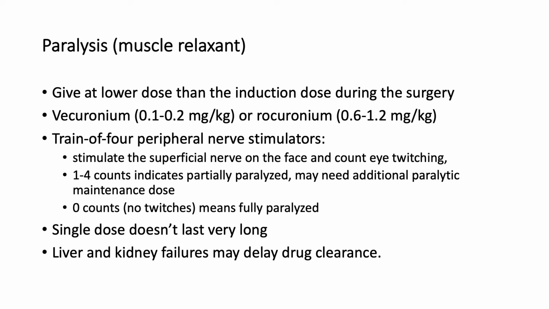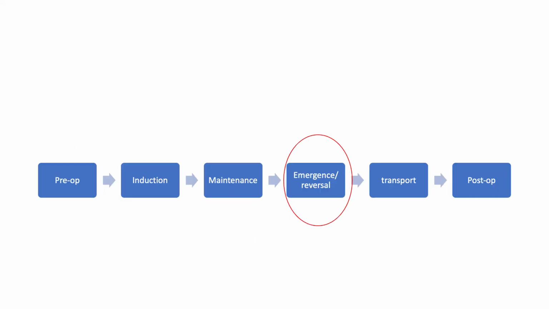A count of 1 to 4 indicates partially paralyzed, and the patient may need an additional dose of paralytic medication. A count of 0, no twitch, means the patient is fully paralyzed. A single dose doesn't last very long, and liver and kidney failure can delay drug clearance. As the case is finishing, it goes into emergence and reversal.